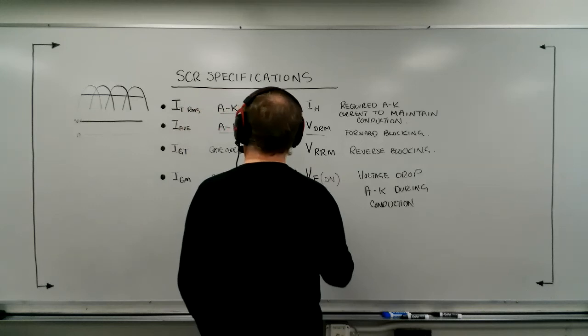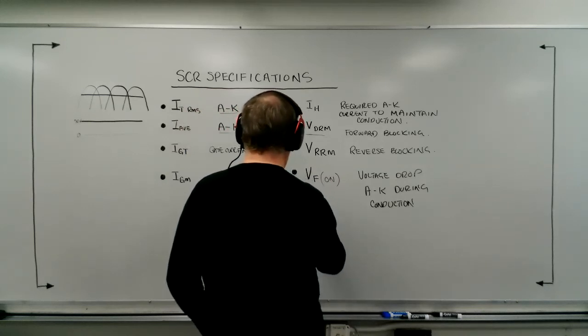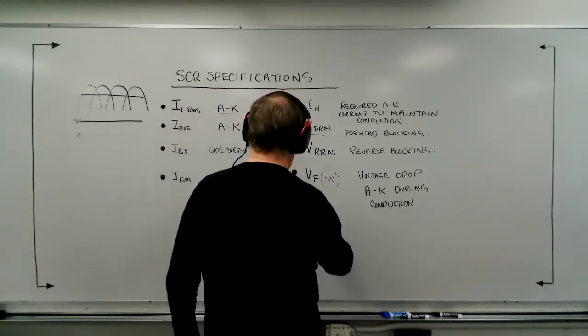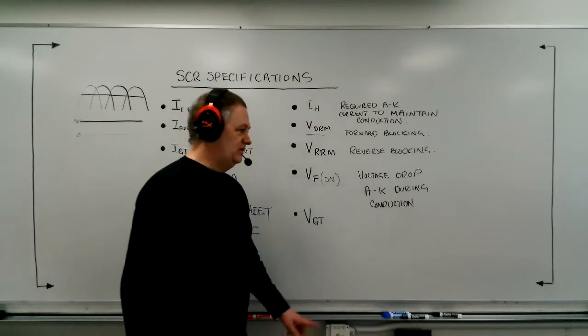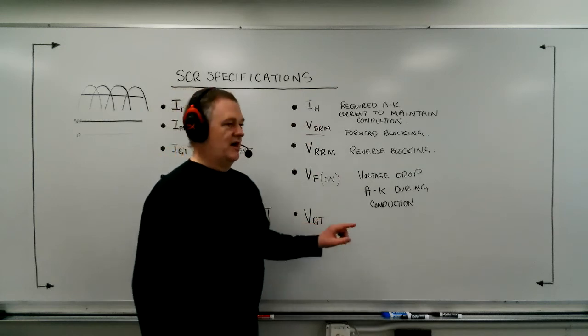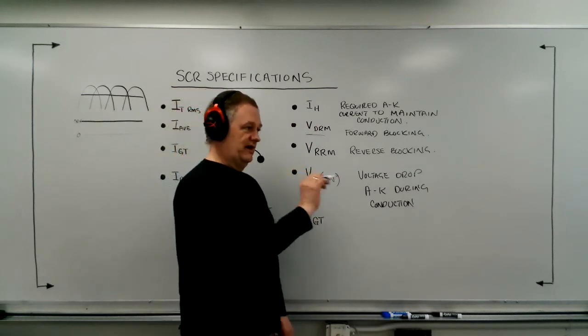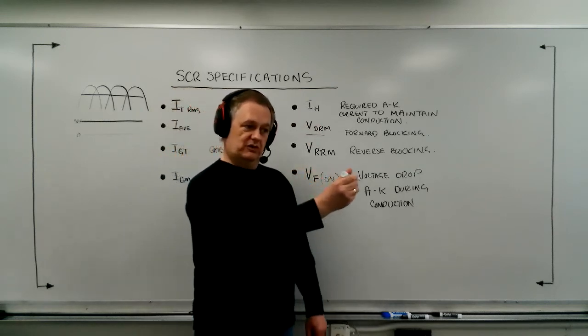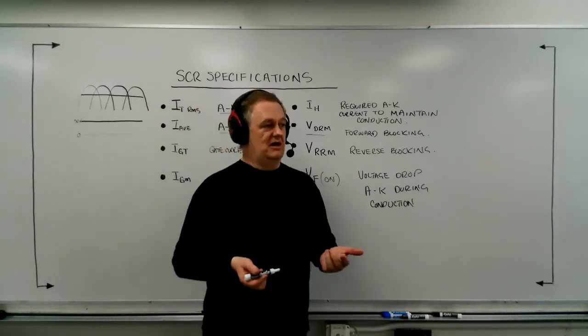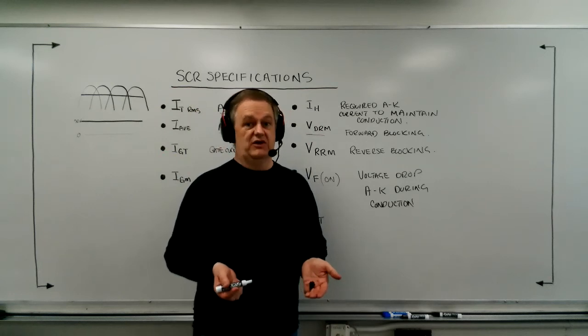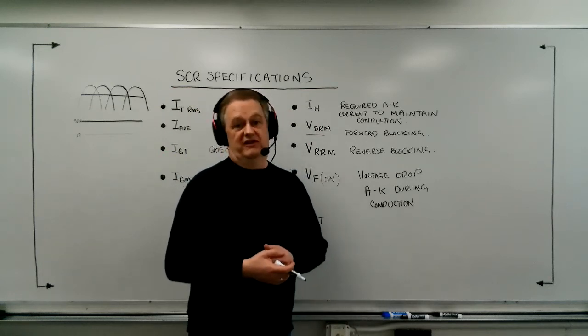Now, just one voltage drop left, very important one, and this is VGT. Now, the voltage that the gate drops as the pulse is going in. So we know as current flows through a device, there's going to be a voltage drop. Now, if it's a semiconductor, like just a silicon diode, it's typically 0.7 of a volt.